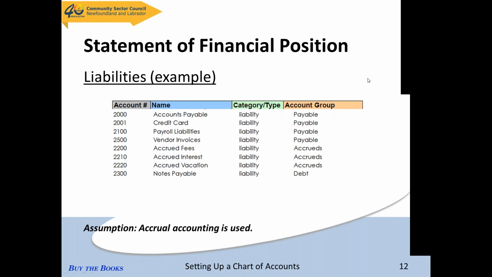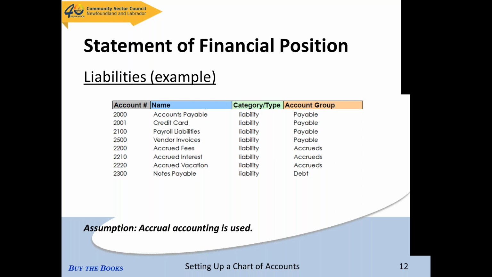So this is a quick example of how you may structure your liability account numbers. Your accounts payable does not have to be account 2000. It is often the case simply because accounts payable is one of the first liabilities, or one of the most common liabilities, that organizations have.